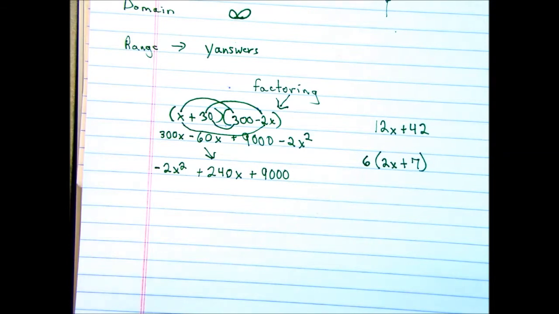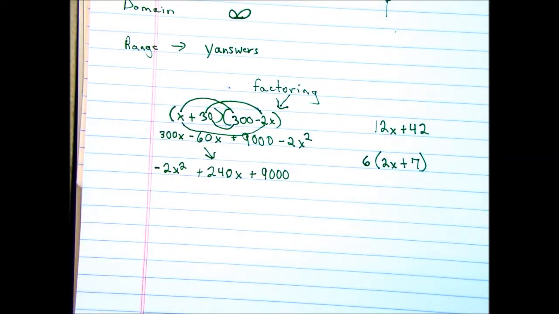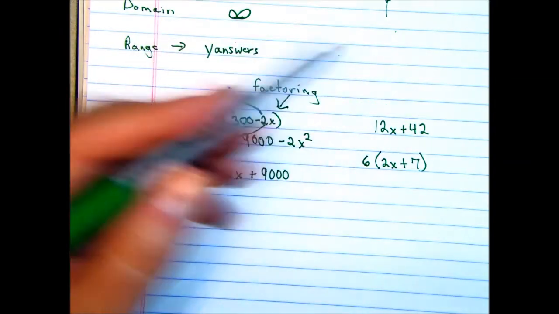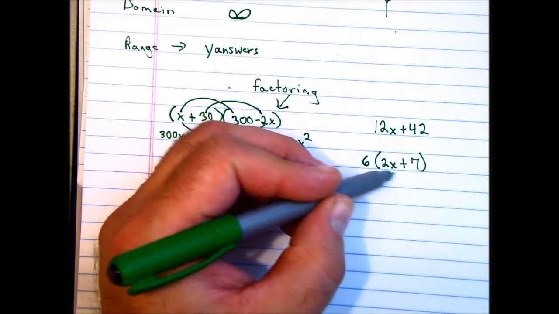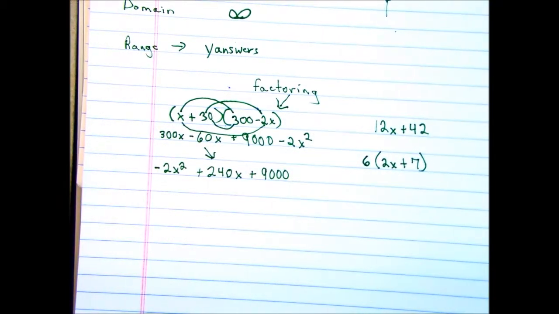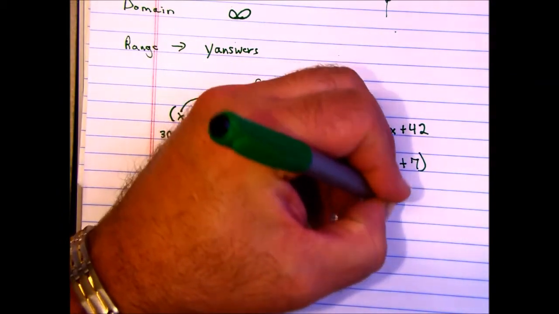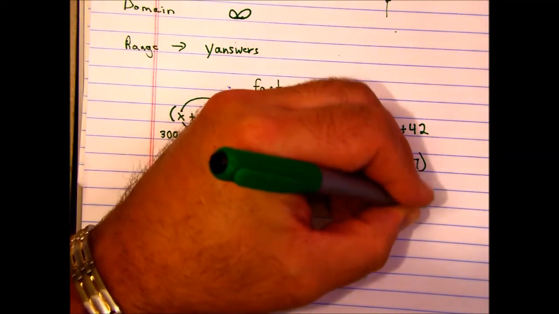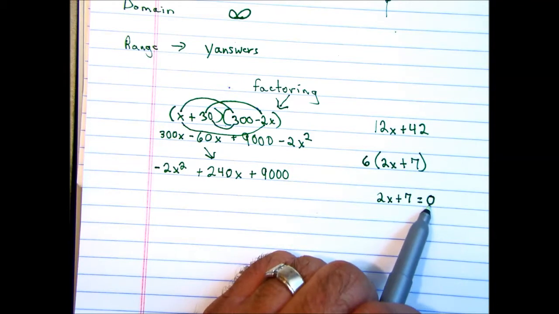All right, so why is this important? Because our terms tell us things that are happening. Believe it or not, this is one of my zeros. When I'm in factored form, that will always be one of my zeros. Some of you are like, well, wait a minute, what do you mean it's one of my zeros? That means when I take 2x plus 7, I would put it equal to 0 because my y is 0.